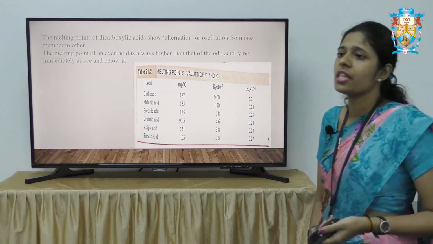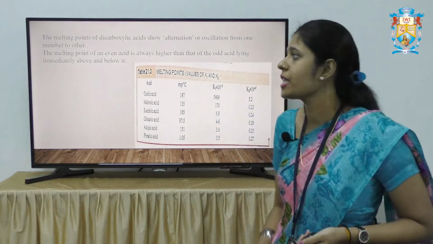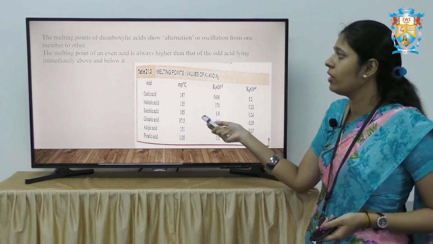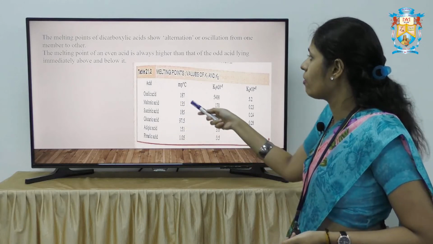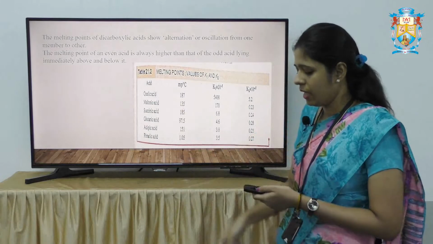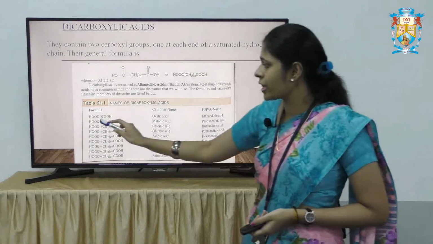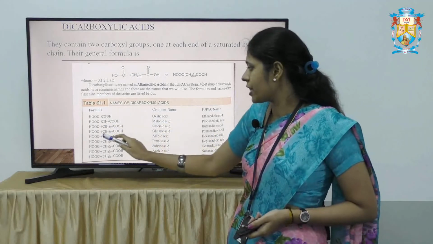Moving on to the last physical property, that is the melting point of dicarboxylic acids. We see that the even-numbered acids will always have a higher melting point than the odd-numbered ones. In the previous slide, oxalic acid contains 2 carbon atoms, malonic 3 and succinic 4.